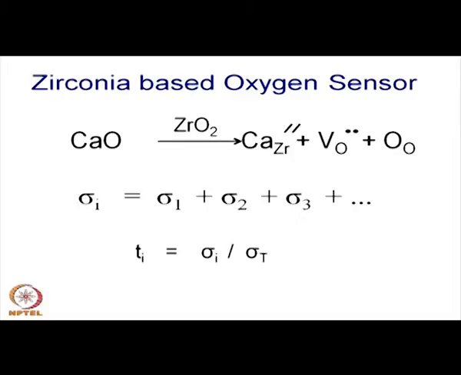So, let us try to discuss the basic principle on which a zirconia based oxygen sensor works. Zirconia is basically a high temperature oxide, but an important property of zirconia is that it has a very high oxygen ion conductivity, particularly when it is stabilized with calcium oxide or yttrium oxide.